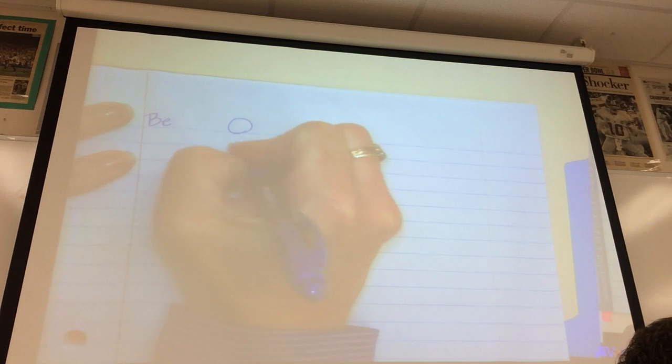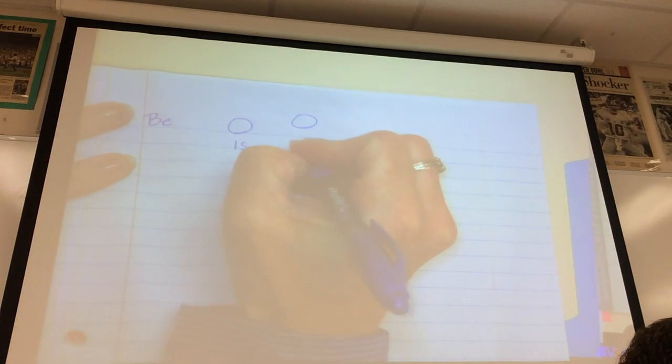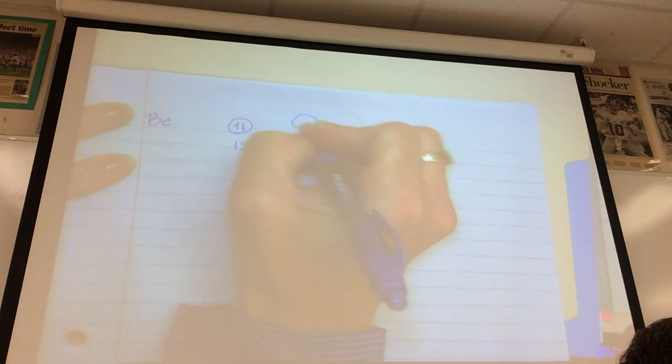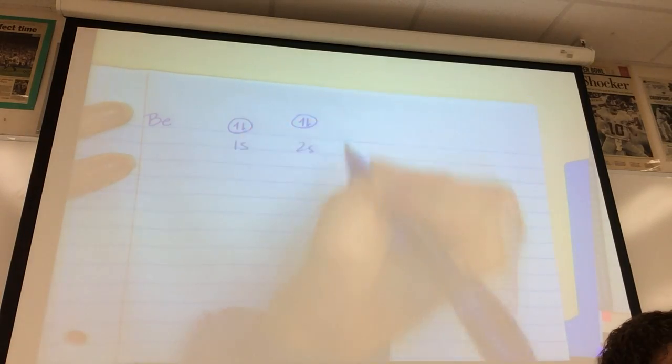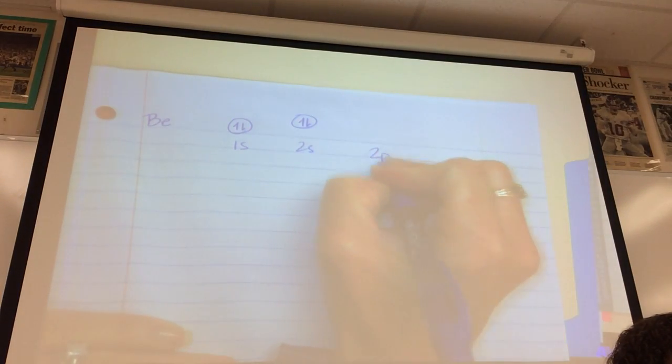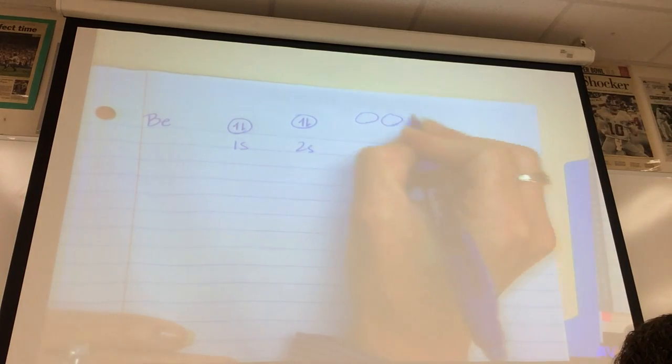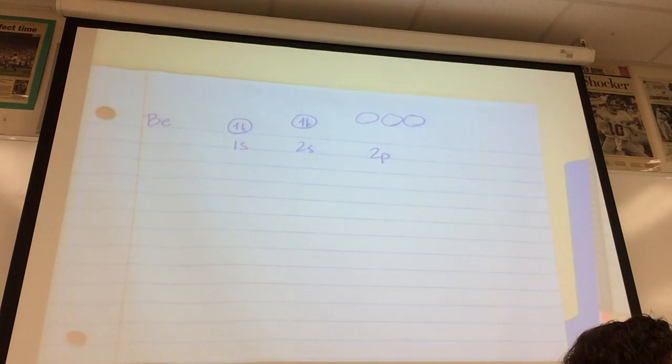All right, so beryllium is 1s2, 2s2. And right now beryllium doesn't have an electron in the 2px orbital.